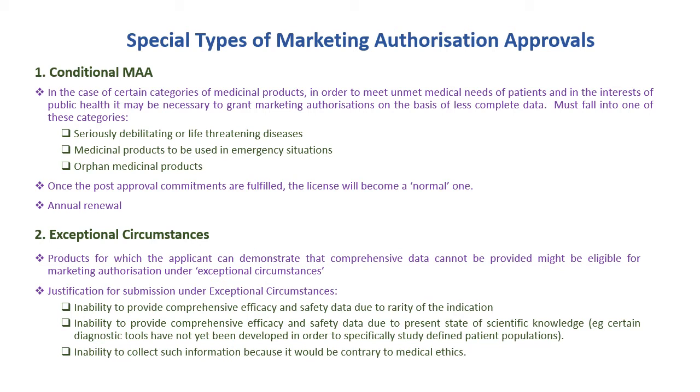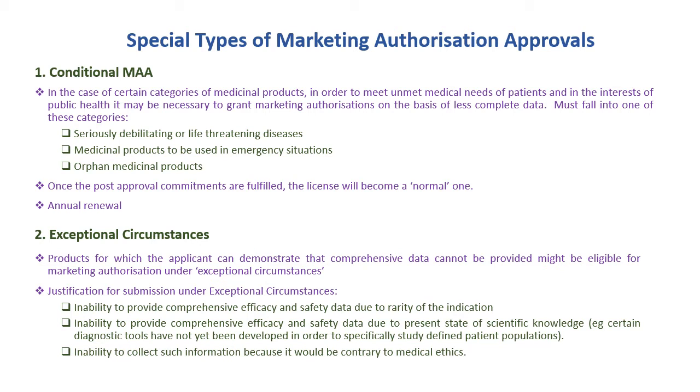Another type of marketing authorization can be exceptional circumstances. Products for which the applicant can demonstrate that comprehensive data cannot be provided might be eligible for marketing authorization under exceptional circumstances. Justification can be inability to provide comprehensive efficacy and safety data due to rarity of the indication, or due to present state of scientific knowledge.